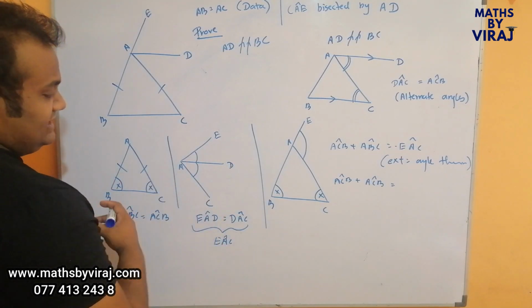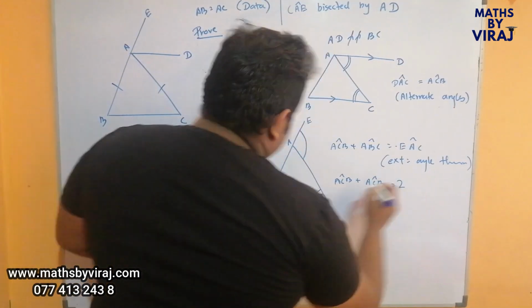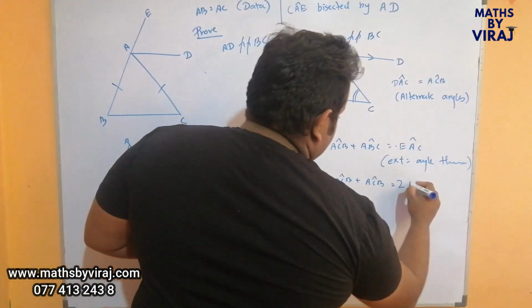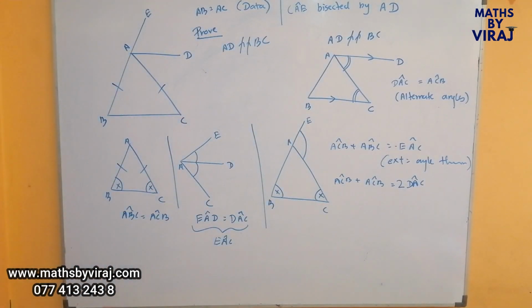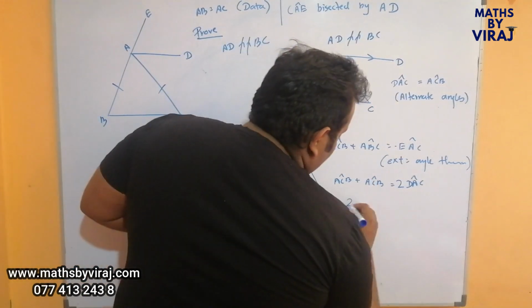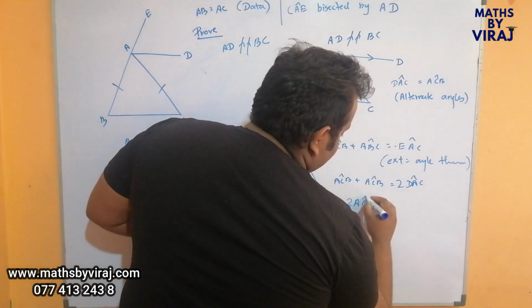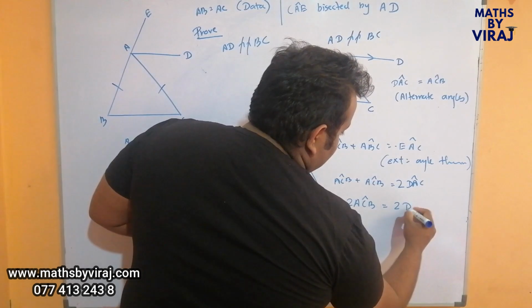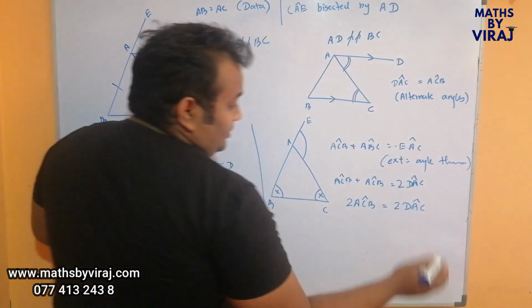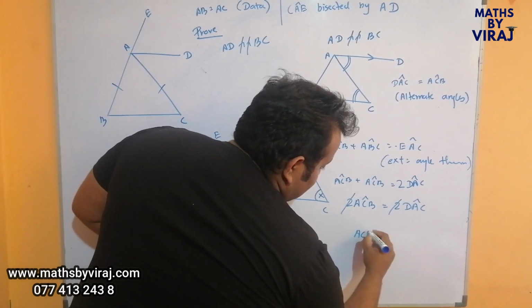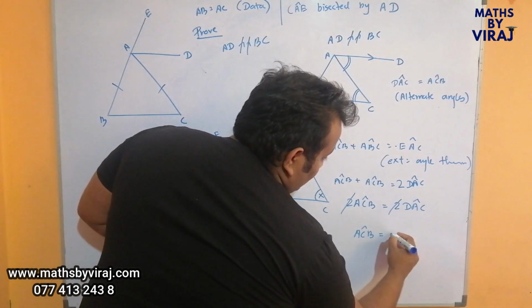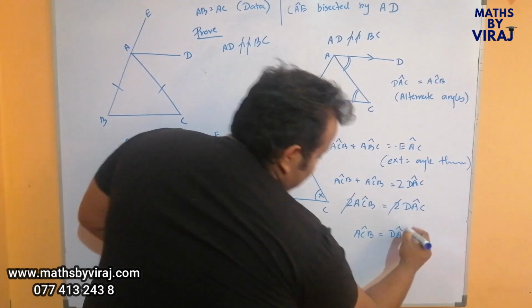Therefore, I can write this as twice the angle DAC. Therefore, this is twice angle ACB is equal to twice angle DAC, where we can simplify and say that angle ACB is equal to angle DAC.